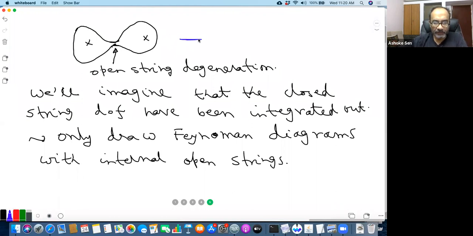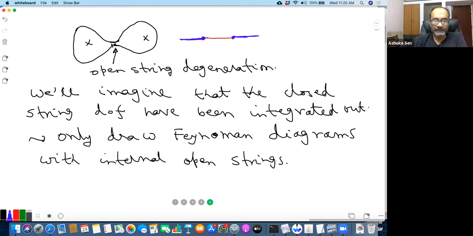So I'll draw this. In my notation, the blue lines will denote closed strings. They're always external lines. Red lines will denote the open strings, internal lines. Essentially the point is that whenever you see a narrow neck, you represent this by an open string propagator, and you draw the two vertices.